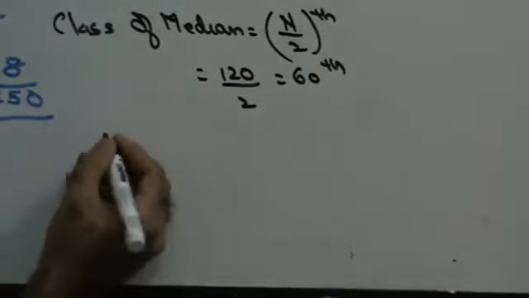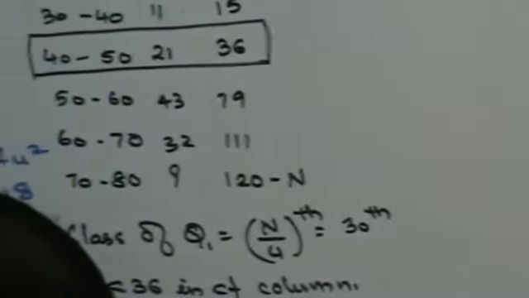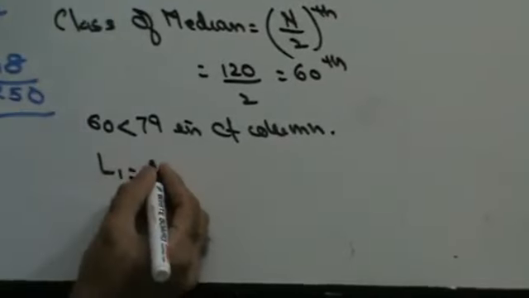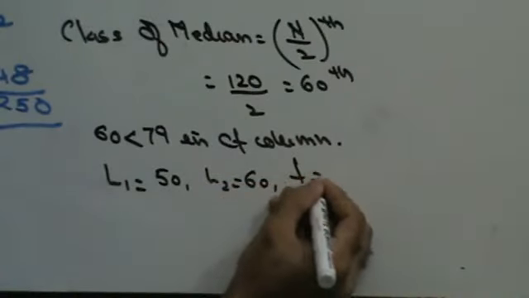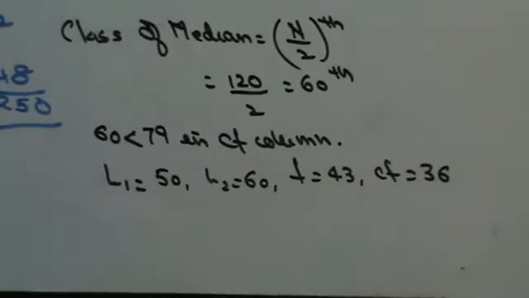Now 60 is less than which number in the CF column? 60 is less than 79 in the CF column. In which case L1 will be equal to 50, L2 will be equal to 60, F is 43, and CF is the number above that.